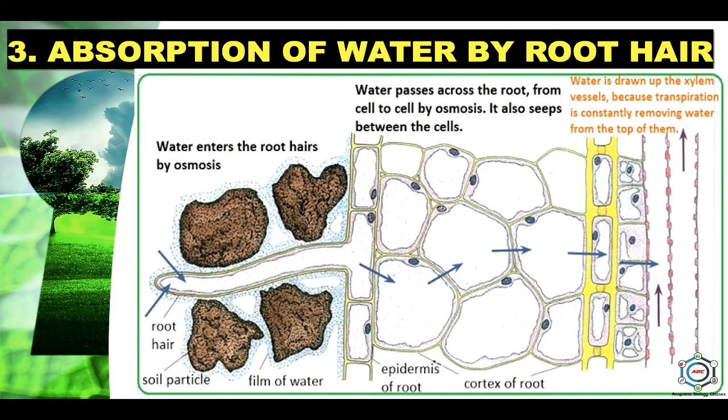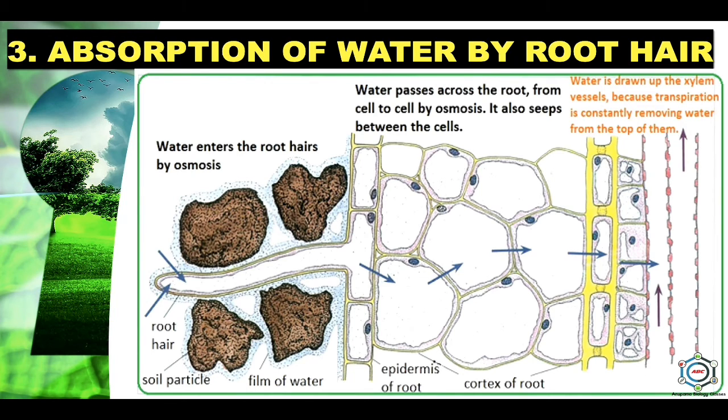Sometimes water is absorbed by roots even when there is no osmotic potential difference between the xylem sap of the root and the soil solution. Under such conditions, no net flow of water should occur. Even then, the water continues to enter the root hair. Such transport does not occur due to simple diffusion or facilitated diffusion.